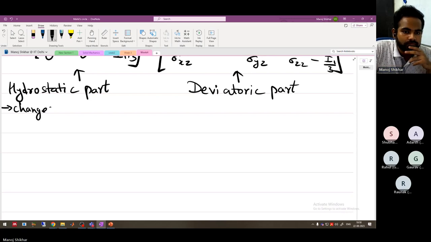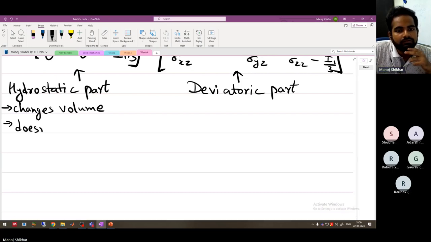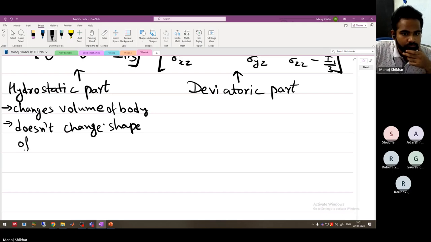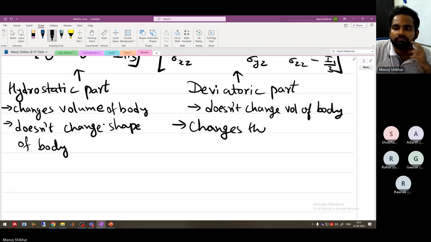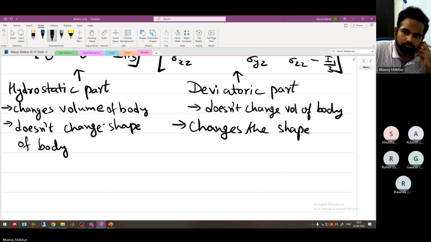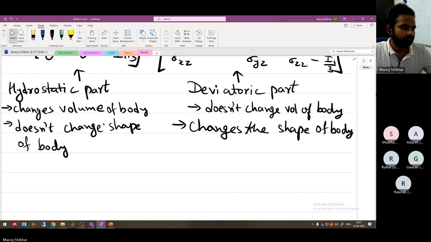The hydrostatic part changes volume but doesn't change the shape of the volume. The deviatoric part doesn't change the volume of the body, it changes the shape of the body.